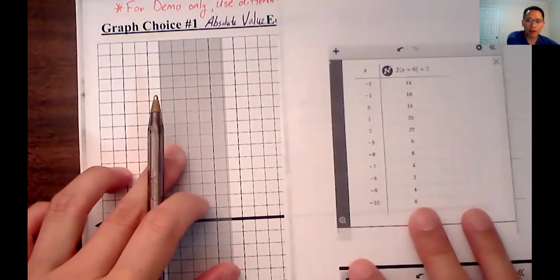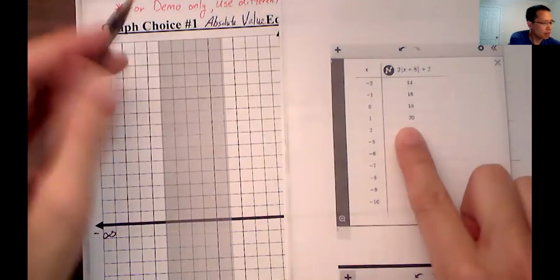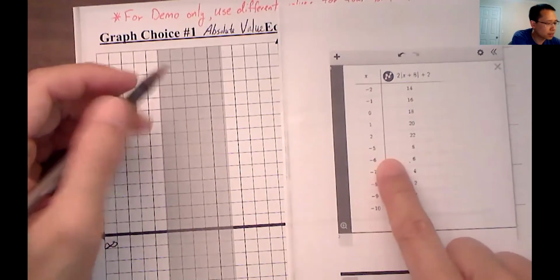So I'm going to graph this first one here. This first one here is -5, 8.